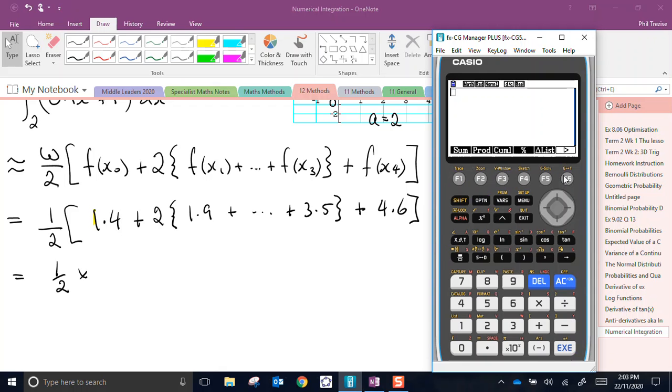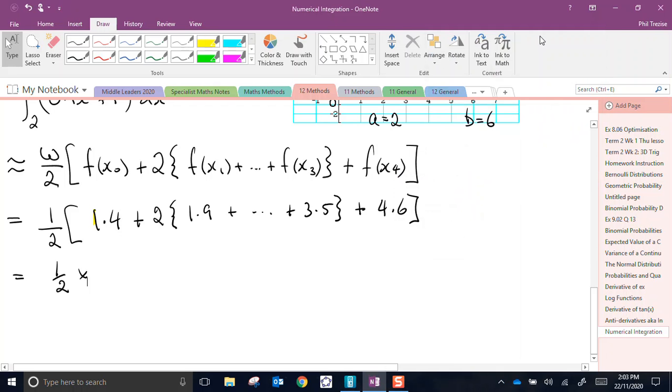Now I move to the right twice and I have the choice to do the sum. I'll ask for the sum of the things stored in list 4, and it comes to 22. So all of that stuff is 22, and then 1/2 times 22, of course, is the area estimate of 11 square units.